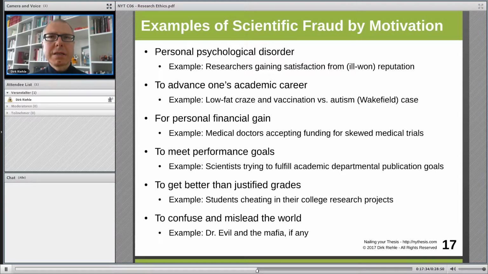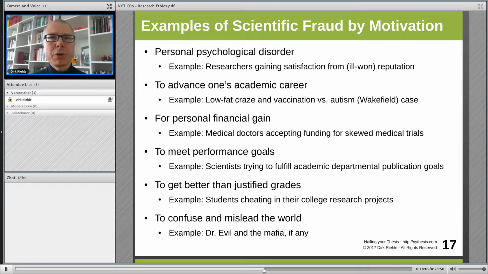Related to that is that reputation, even if based on fake or fraudulent work, as long as it's reputation that helps the career of some individual researcher, it might be undertaken. And examples of that are, for example, the problematic and now proven wrong and fake studies on vaccination and autism, leading to all kinds of harm in the world.